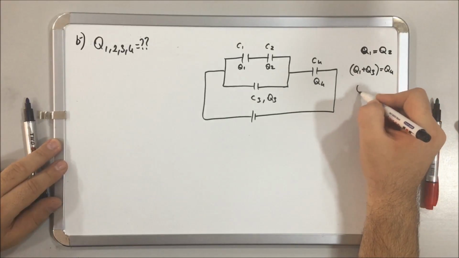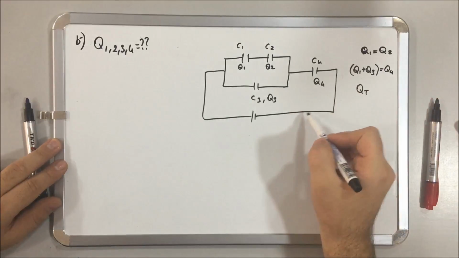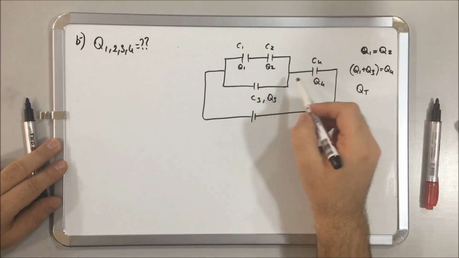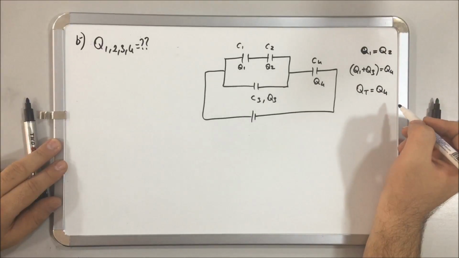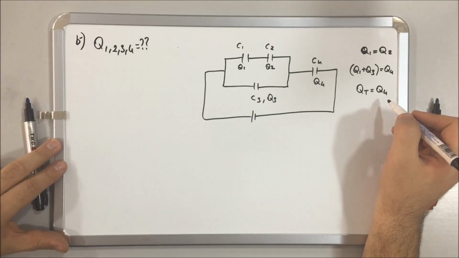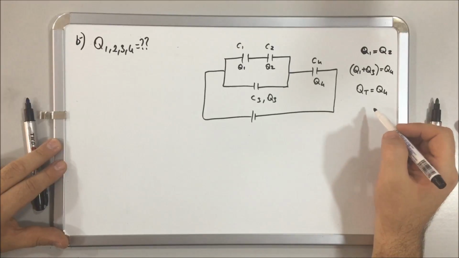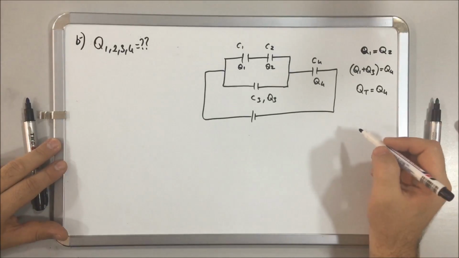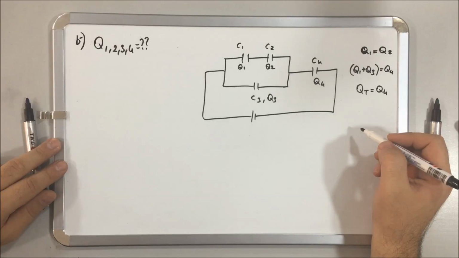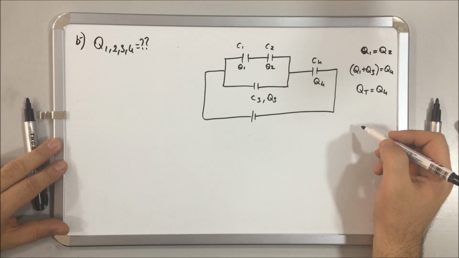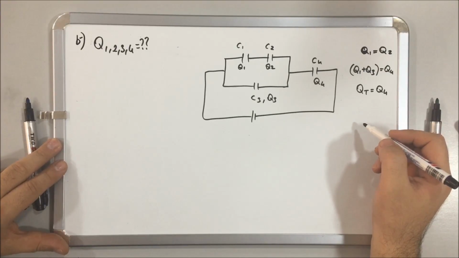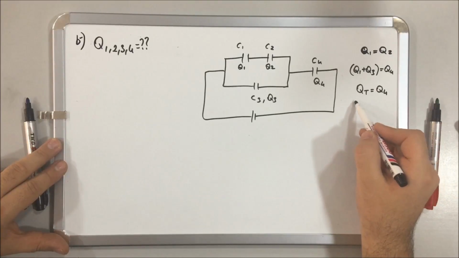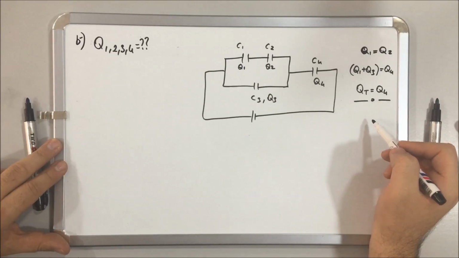The total charge which flows in the circuit must be equal Q4. It is the series combination's rule. For the series combination, all the charges are equal to each other. For the parallel combination, the total charge equals the sum of each charge. So if I calculate the total charge, that means I calculate also Q4.